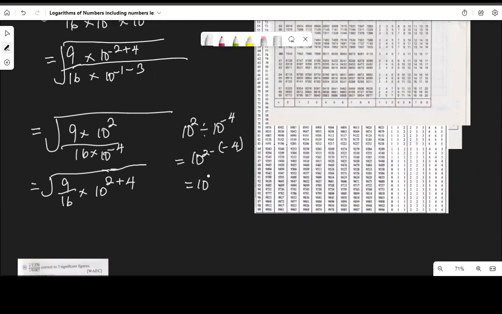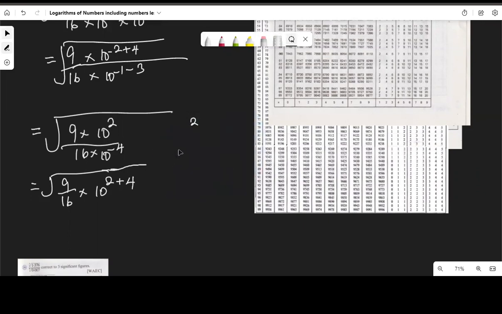This will be 10 to the power of 2 minus times minus is plus. That is what I did here to get this. So let me get rid of it. And this will give us the square root of 9 over 16 times 10 to the power of 6.